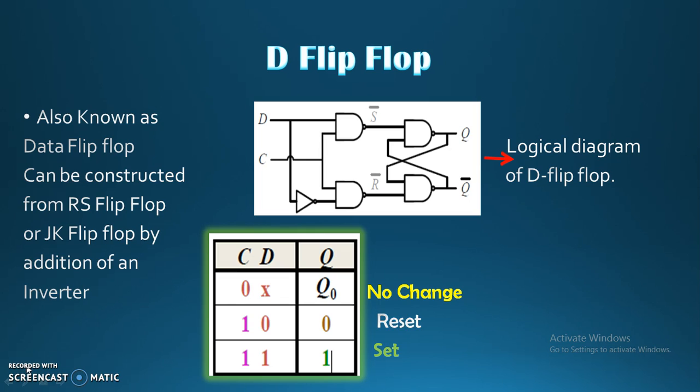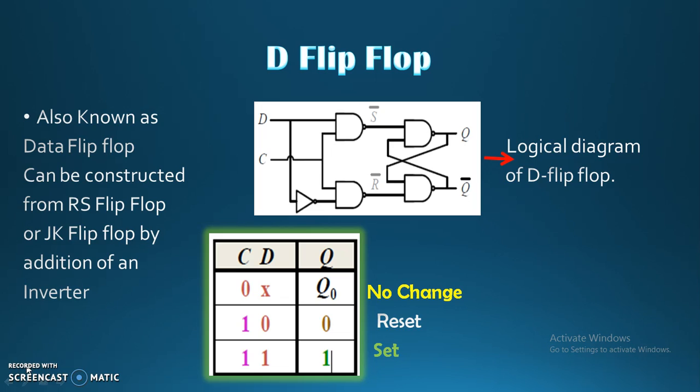So the next type of flip-flop is the D flip-flop, also known as the data flip-flop. It can be constructed from an RS flip-flop or JK flip-flop by the addition of an inverter. Here you can see the logical diagram of the D flip-flop, and below there is a truth table.